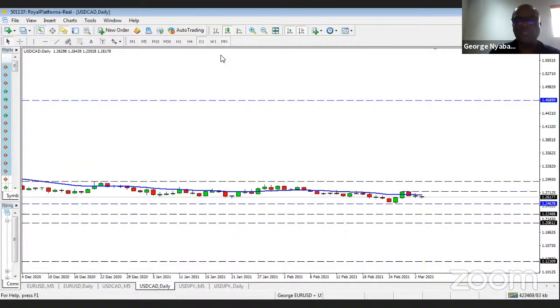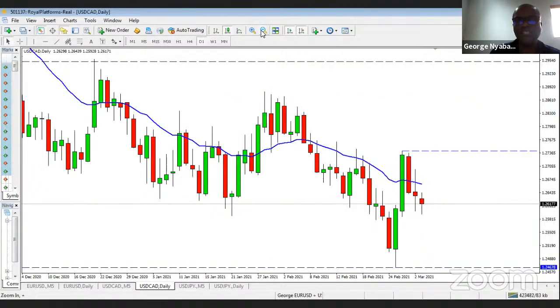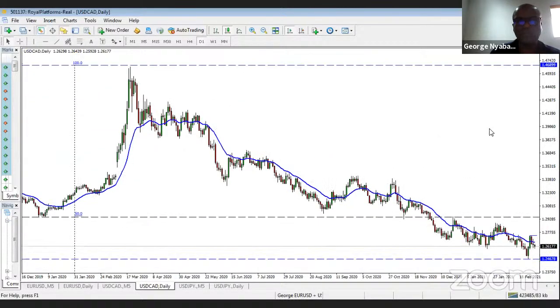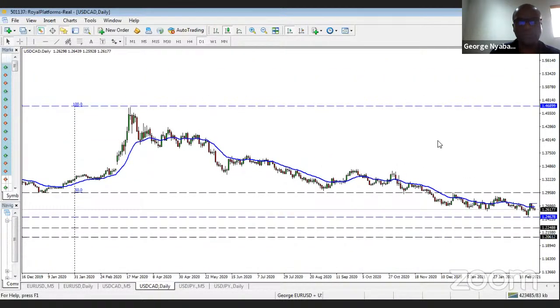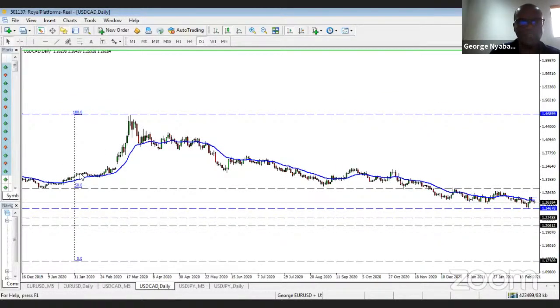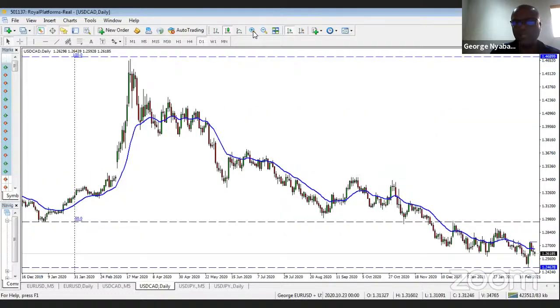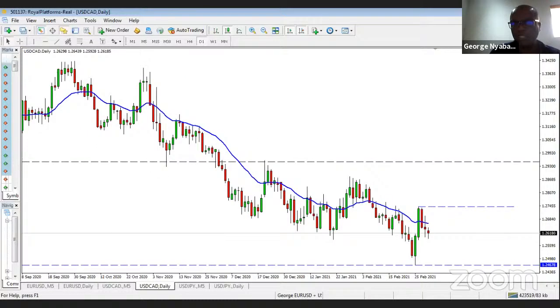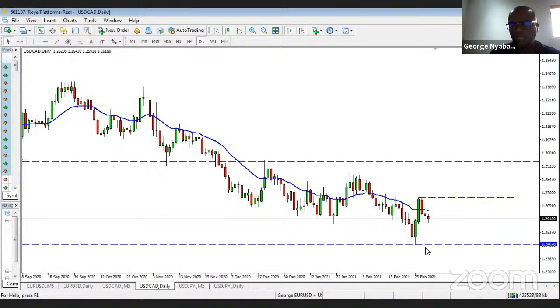Then again, you just come down to the daily time frame. Okay, that level there, which I've marked. Most immediate levels for me are this low here last week, and then this high here.